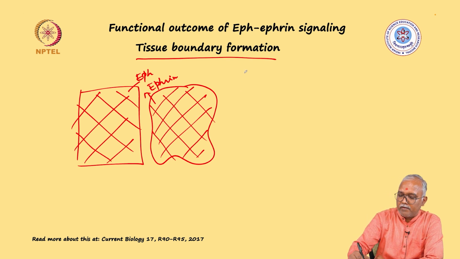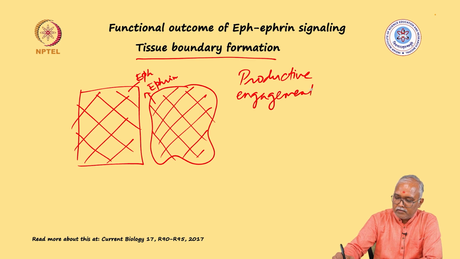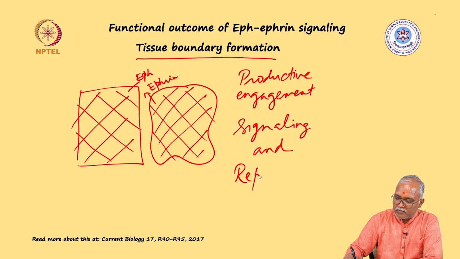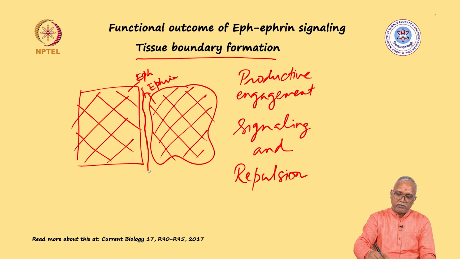So there will be productive engagement, signaling and repulsion. So basically what it will suggest is that this is the boundary region.